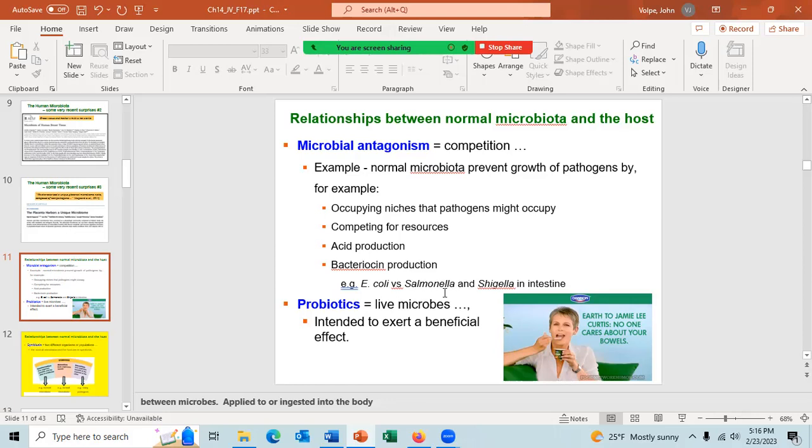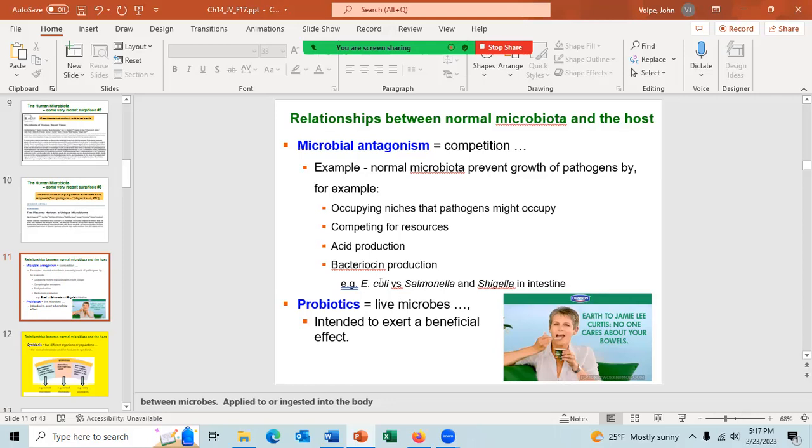harm a bacteria, even another gram-negative like Enterococcus, is that the name? Faecalis, which is a very common bacteria in our large intestine. Any question about that?